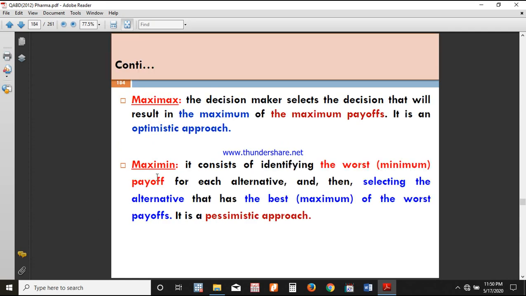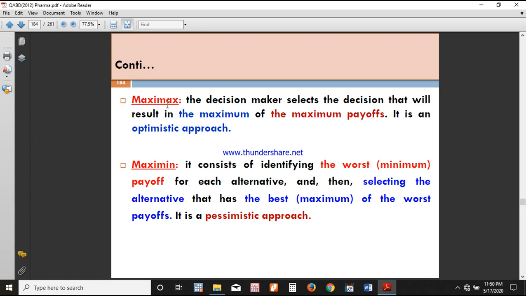First we consider the Maximax approach. In the Maximax approach, you select the maximum value from the maximum payoffs, which is an optimistic approach, whereas the Maximin consists of identifying the worst or minimum payoff for each alternative, and then selecting the alternative with the best or maximum of the worst payoffs, which is a pessimistic approach.